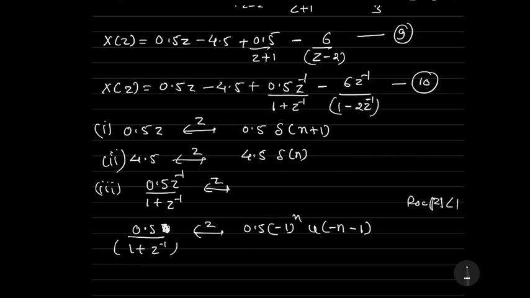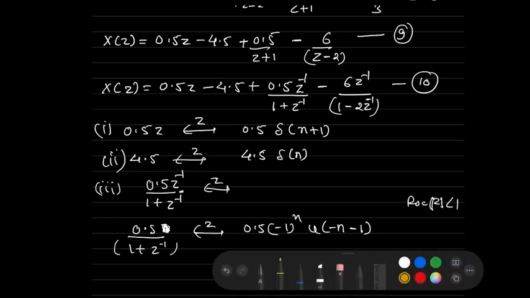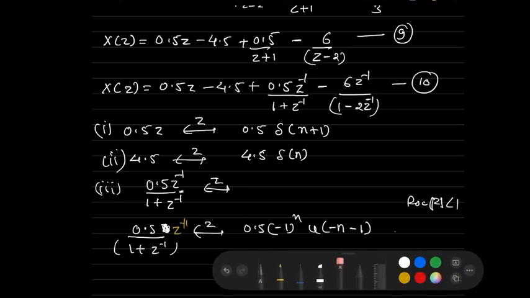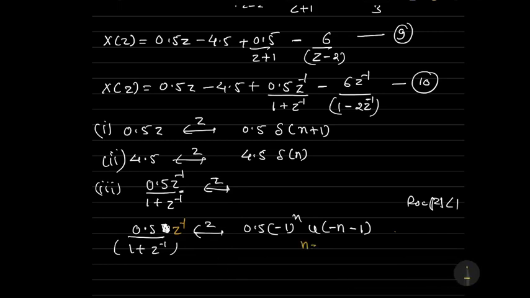Okay. So this is a non-causal signal. And if we consider this z inverse also, then using time shifting property, we substitute n equals to n minus 1.